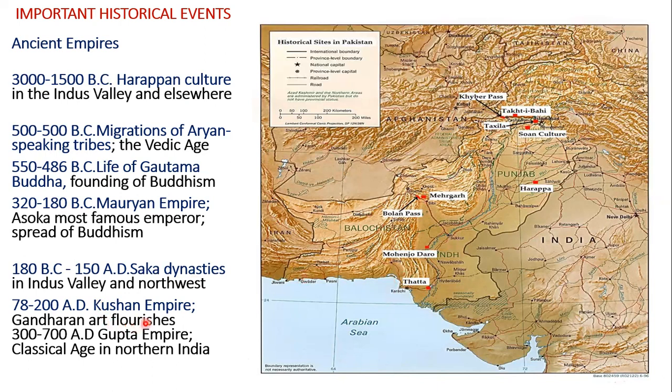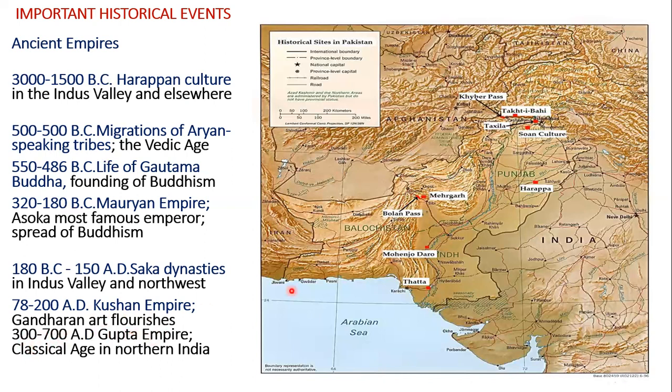And then the Kushan Empire, 78 to 200 AD, after the death of Hazrat Isa alayhi salatu wasalam. Kushan Empire, Gandhara art flourished. Clear? 300 to 780.